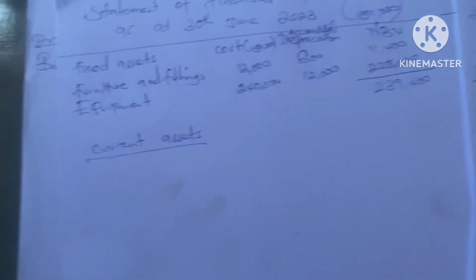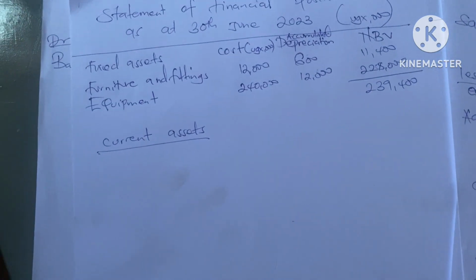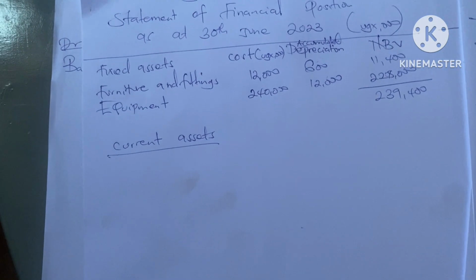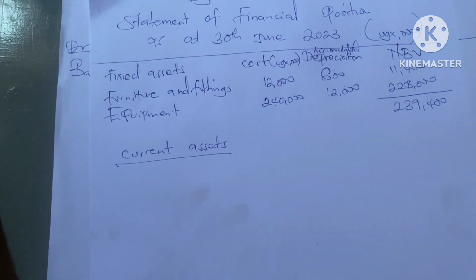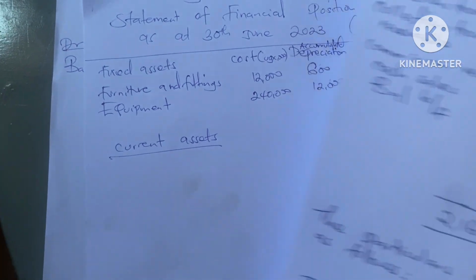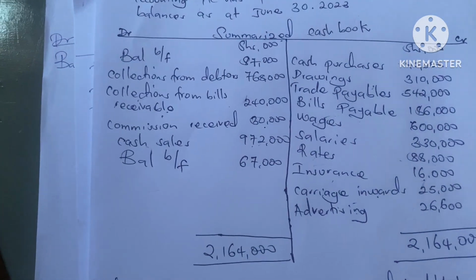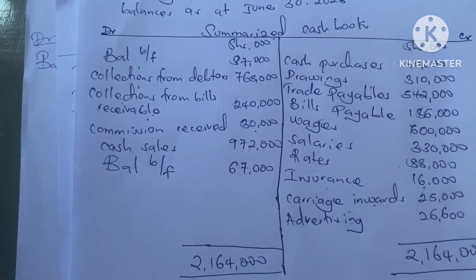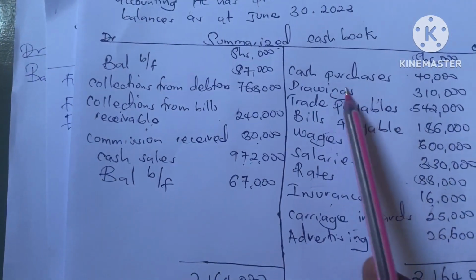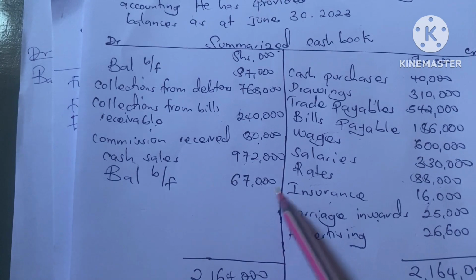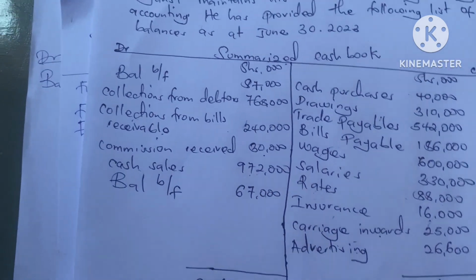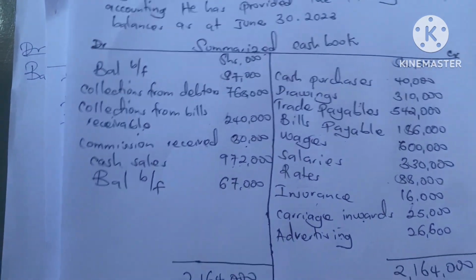Current assets. When it comes to current assets, we have things like inventory, trade receivables, bank, things like that, and we only record the closing balances. So according to our cash book, this was the closing balance for the cash book. Let's consider it to be bank.